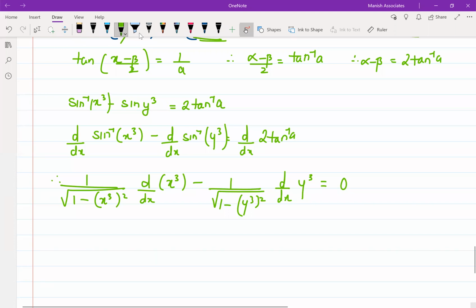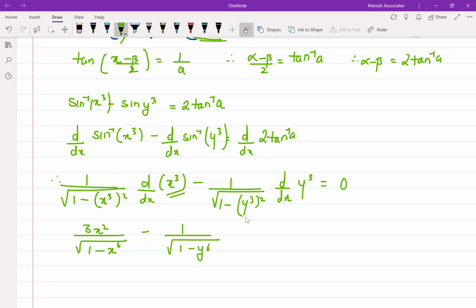Now I'll write the derivative of x cube is 3x square, upon root of 1 minus (x cube) the whole square, which is x raised to 6, minus 1 upon root of 1 minus y raised to 6. Now the derivative of y cube will be 3y square into dy by dx, equal to 0.